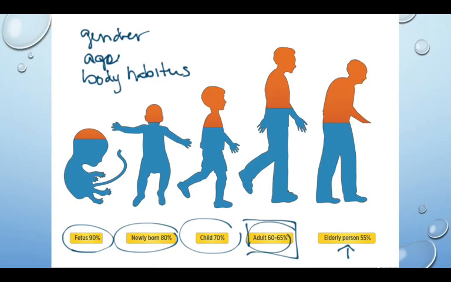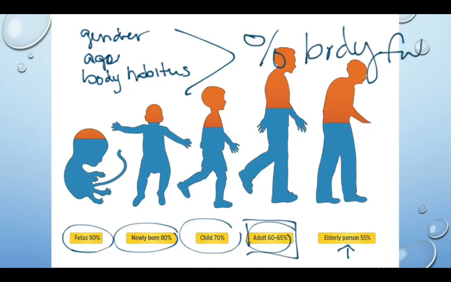So then if you think about that, and we've talked about why women have less water and why the elderly have less water, then people who are obese, who have a higher percentage of body fat than normal body weight people, are going to have less water percent or less total body water than people who have a normal weight. So those are the ways that you look at it, and what it all boils down to when you look at this truly is the percent of body fat or adipose tissue. That's what does it, right?